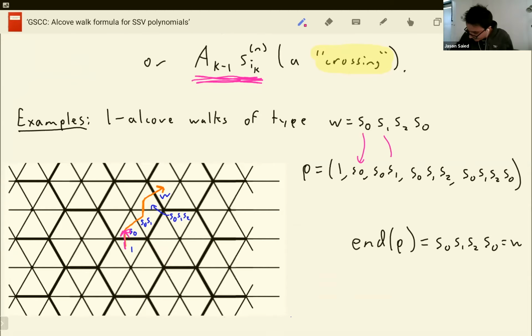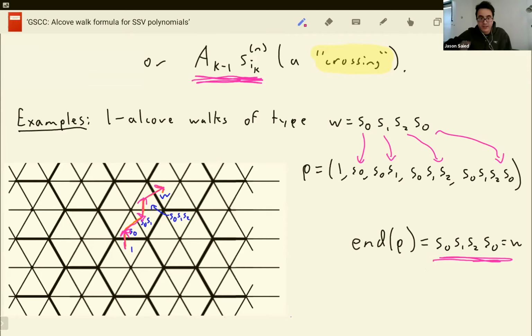Then I do S1 on the right, which takes me here. Then I do S2, and so on. And then S0. And so this is some sequence of alcoves that carries me through the plane. And I call the endpoint of this alcove walk, whichever alcove you stopped in. So here I got to W.